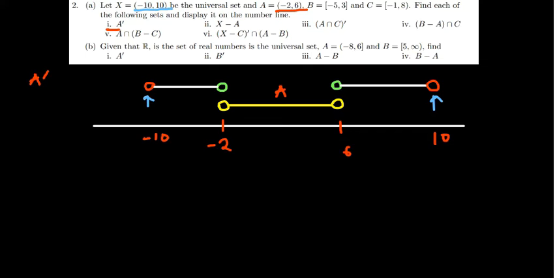Now, how about the middle parts where the complement set is starting from? What happens there? The notation that we have tells us -2 is not part of a set. So we'll have to shade the complement set to show that it is part of the complement since it is not part of the set.